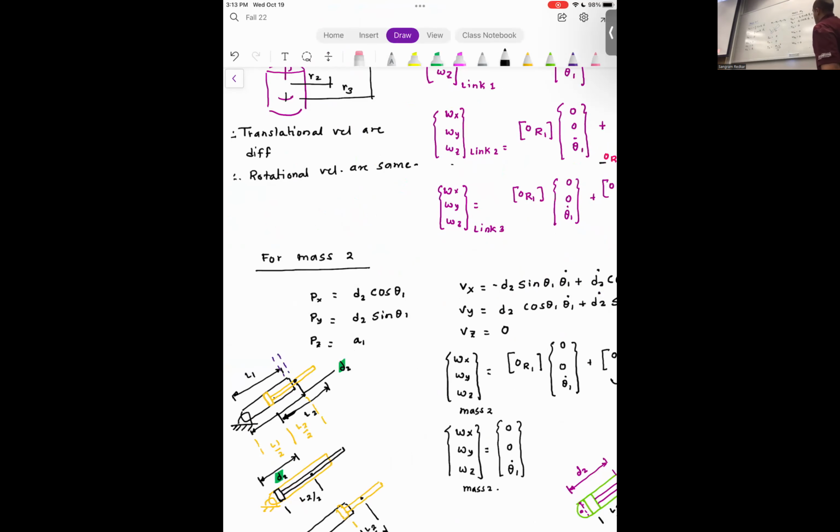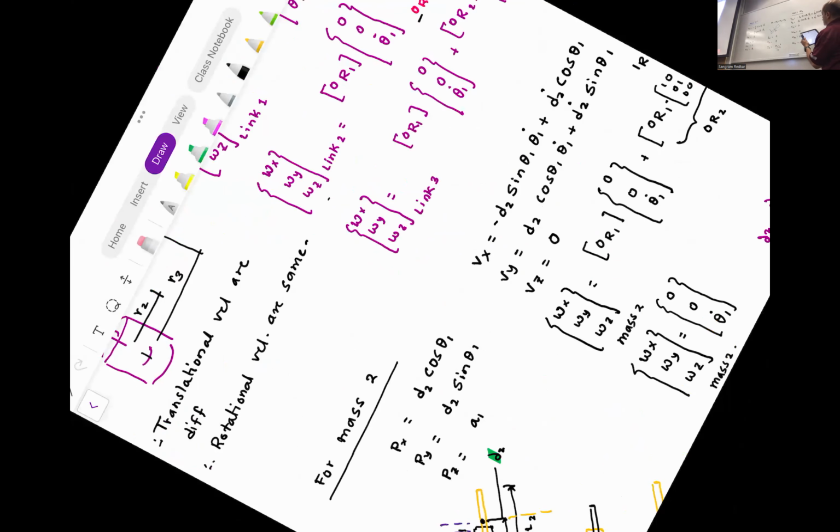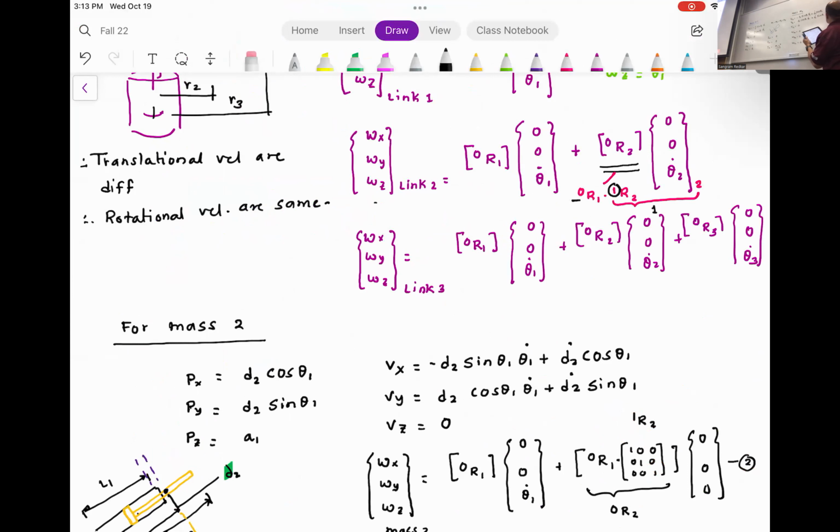Now, I have to write mx2 is equal to m2, my2 is equal to m2, mz2 is equal to m2, because the mass is going to be the same in x, y, and z direction. Now Ix2, Iy2, and Iz2.